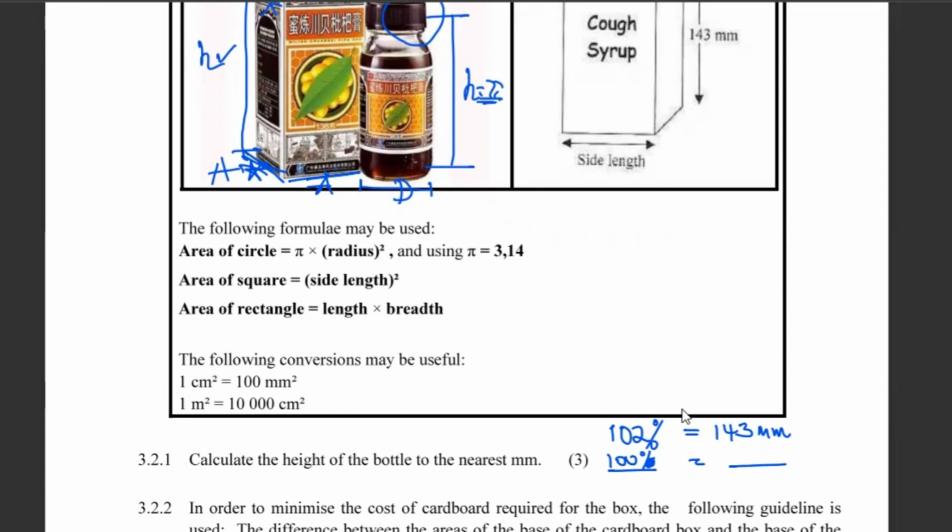What do you do? Cross multiply, which becomes 143 times 100 equals 102 times b. I divide through by 102.